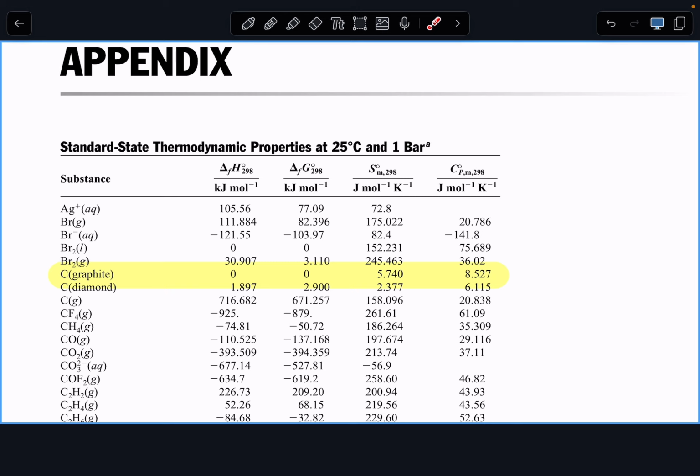Or alternatively, we can ask the other question: what is the standard state for, say, Br2? Want to take a guess? Since Br2 liquid has delta H formation equal to 0, that's our standard state for element bromine.